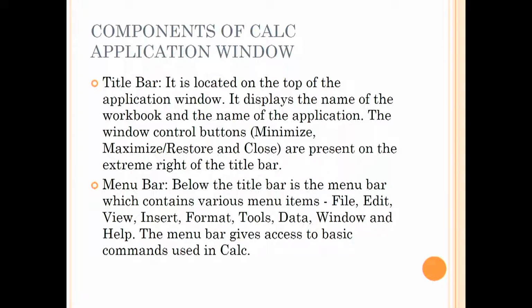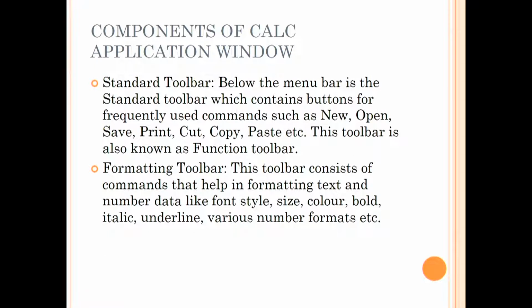Below the title bar is the menu bar, which contains various menu items: file, edit, view, insert, format, tools, data, window and help. The menu bar gives access to basic commands used in CALC. So this was all about the menu bar.